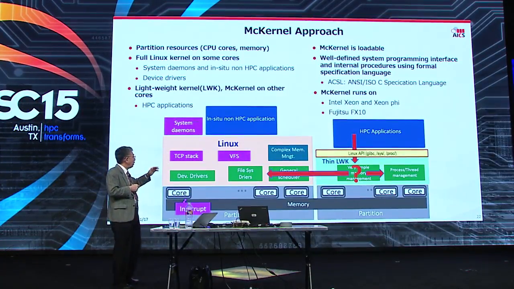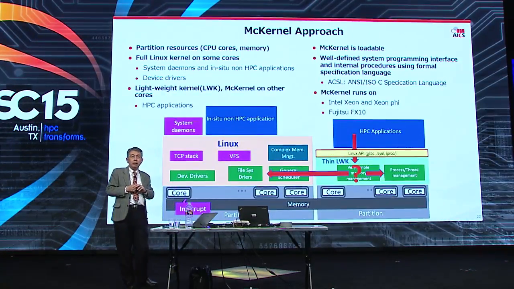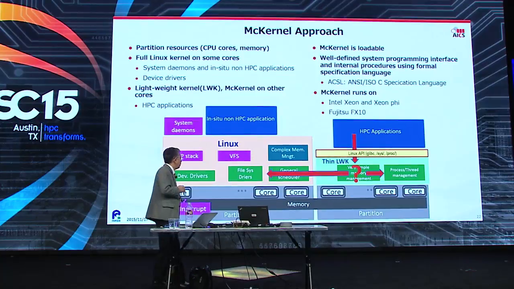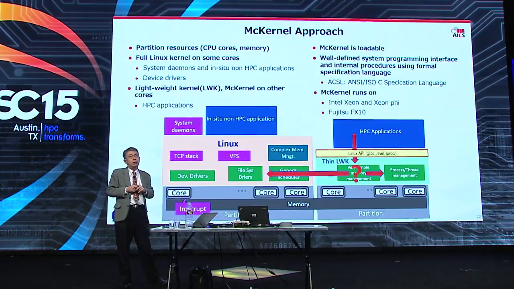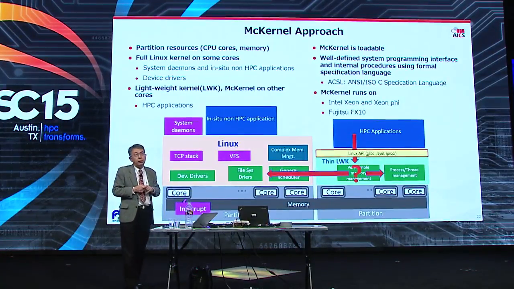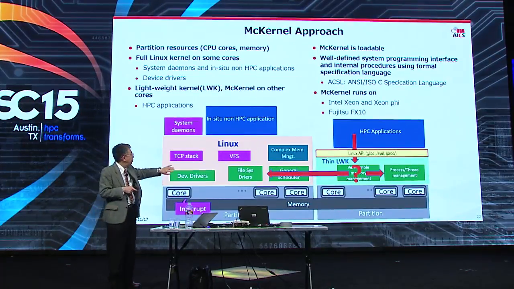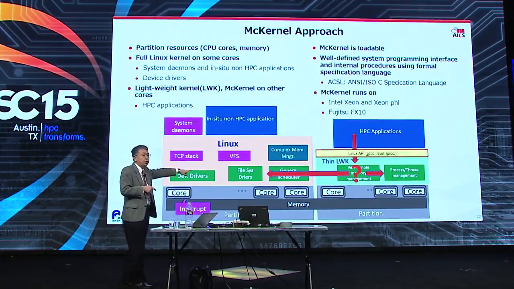The lightweight kernel only provides limited system calls, such as memory mapping, process and thread management, and signaling. The rest of the Linux APIs are delegated to the Linux side via McKernel.